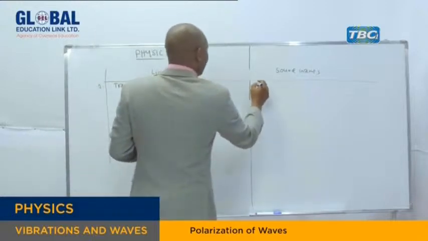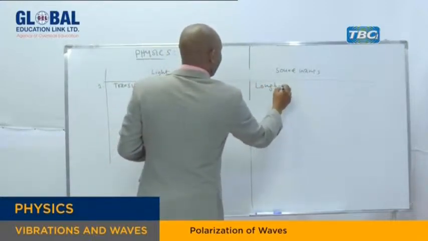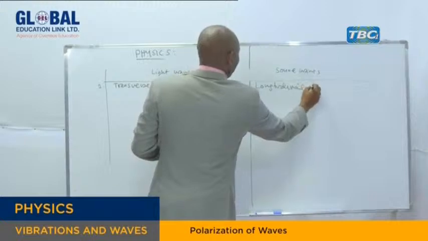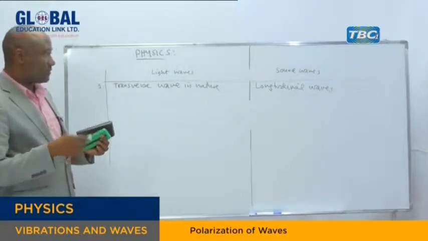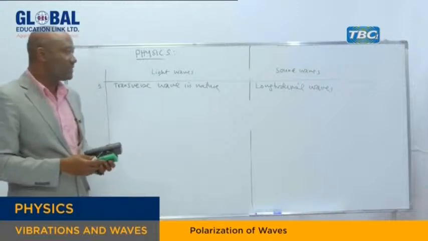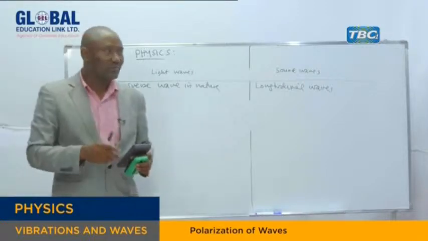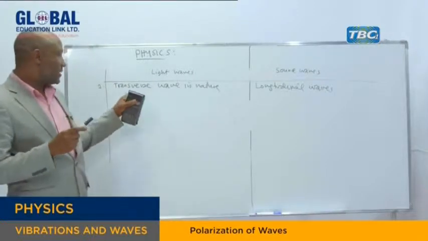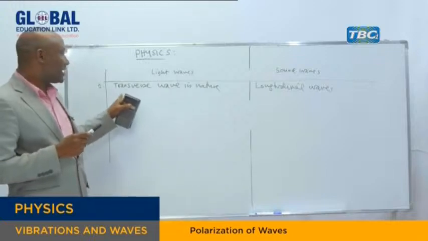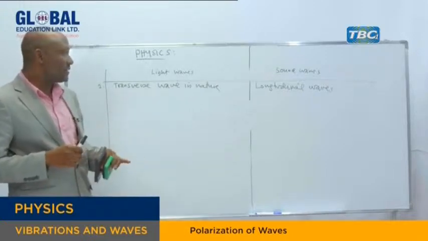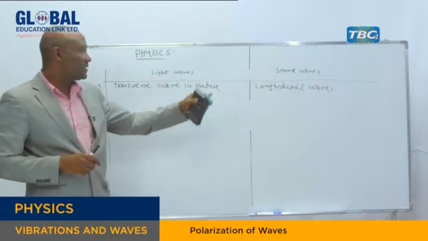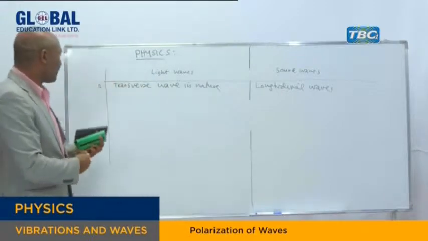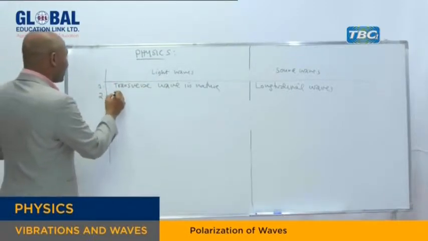Here, this is a longitudinal wave. If you're following up on the first part of the discussion on polarization, you can differentiate light and sound waves in this way. This is the transverse, the other one is the longitudinal wave.